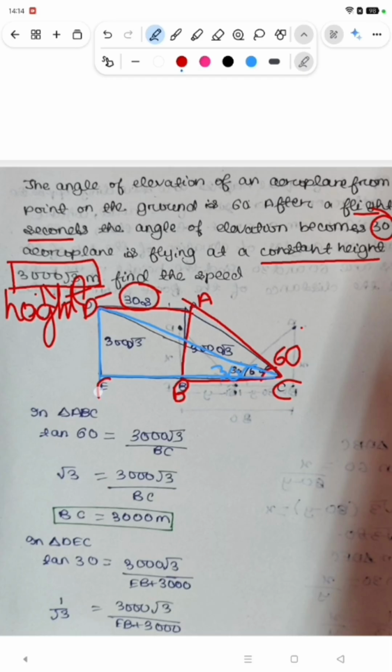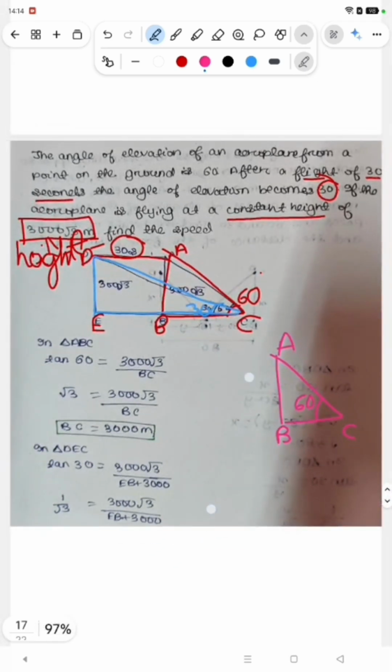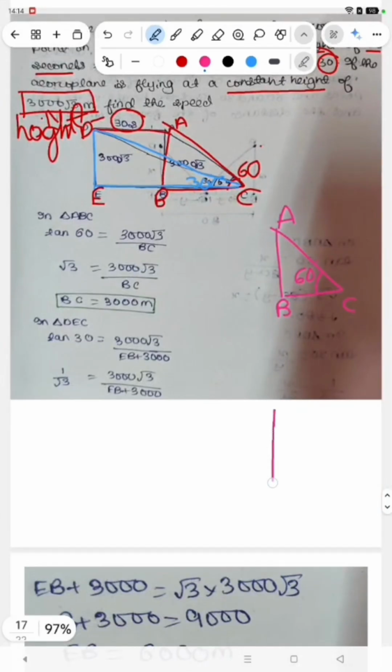So it is E. In these two triangles, I am drawing separately in pink color. So one triangle is A, B, C. This angle is 60 degree.